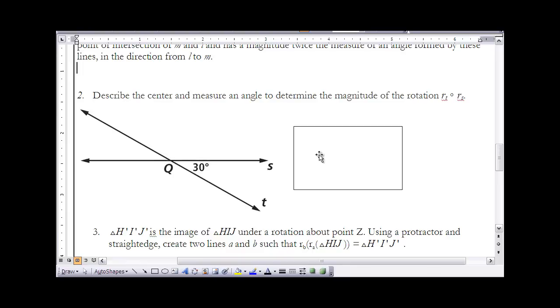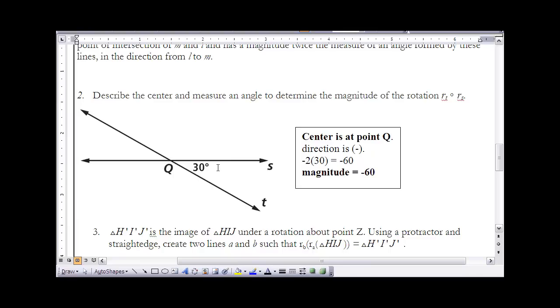The magnitude of that rotation is going to be double the measure of this angle, and it's going to be in a direction from S towards T. When I go from S towards T, I'm going over the acute angle, my smallest angle.